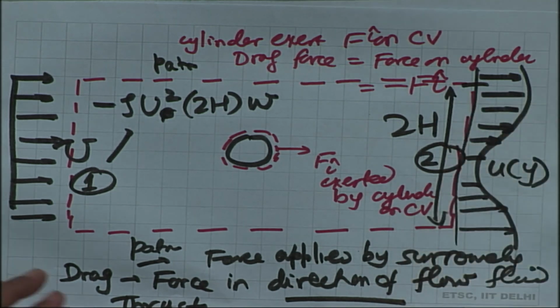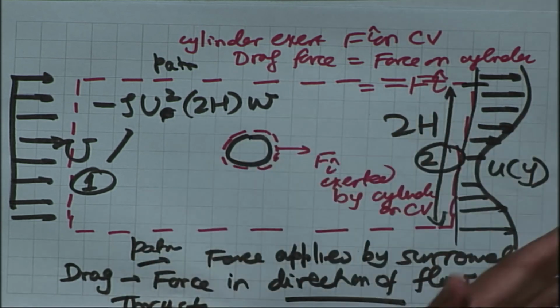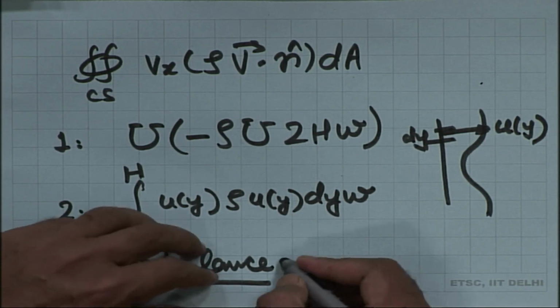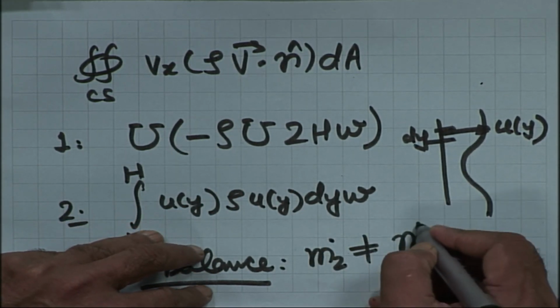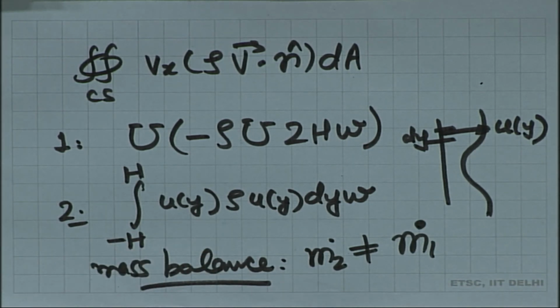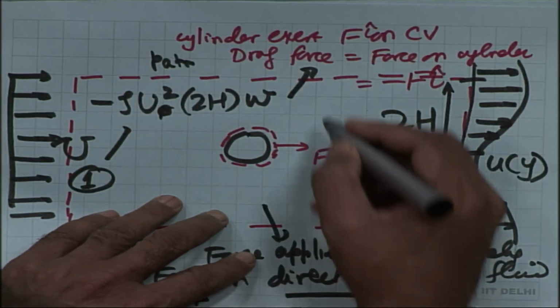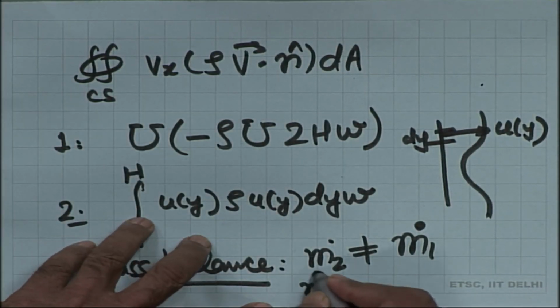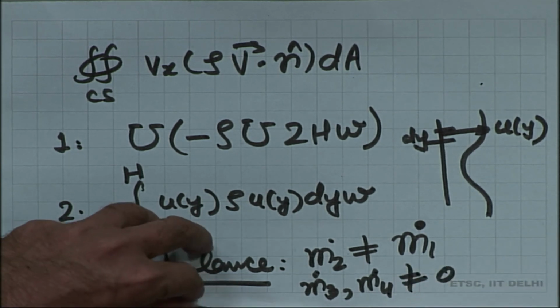Therefore, the mass coming out at 2 is not equal to the mass coming out at 1. M2 dot is not equal to M1 dot, and that means because this mass is less, if this is 3 and 4, M3 dot and M4 dot is not equal to 0.